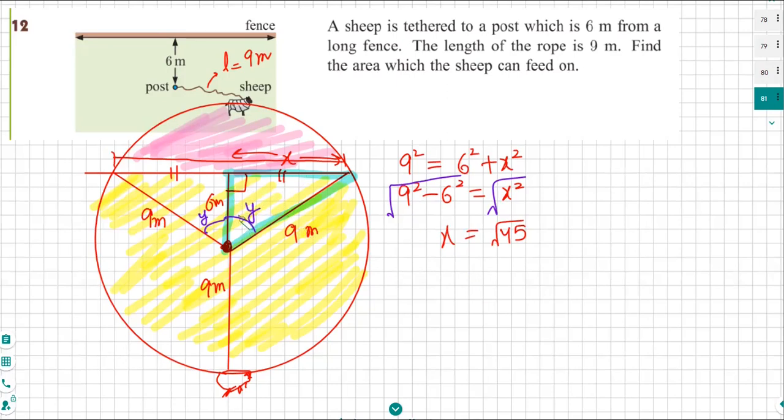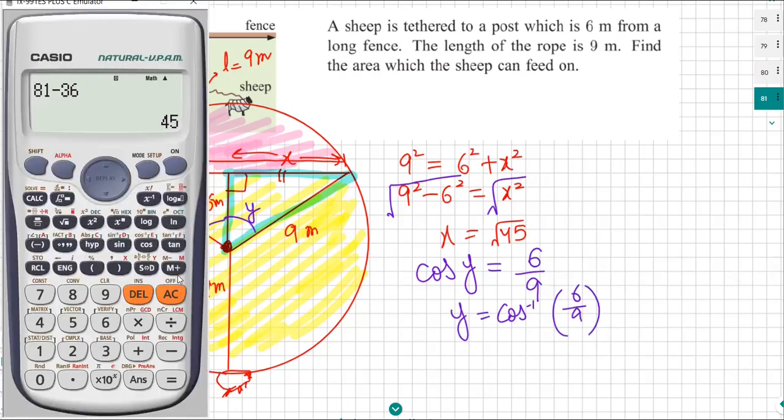According to this angle, this length must be the adjacent side and this length must be the hypotenuse. So that's why I'm using the cos. So cos y will be equal to, applying cos in this right angle triangle, adjacent side, that is 6, over hypotenuse, that is 9. So y will be equal to cos inverse of 6 over 9. Got it?